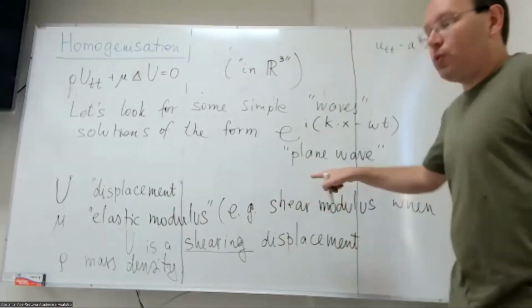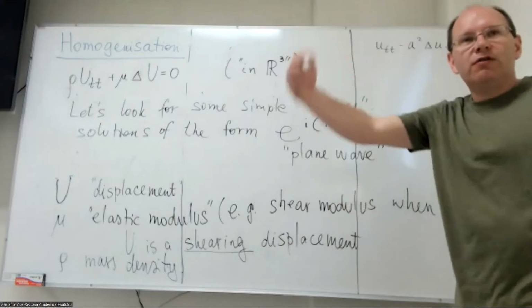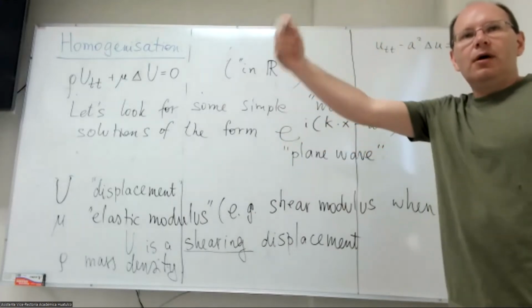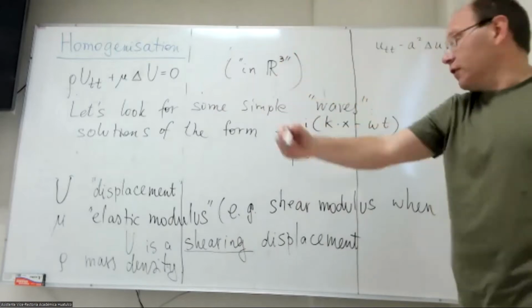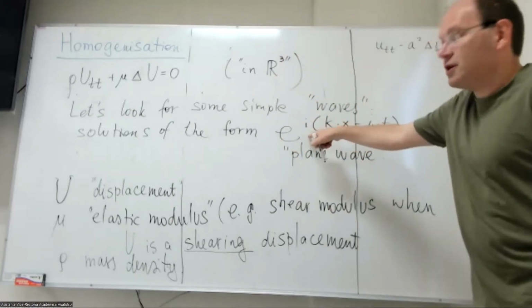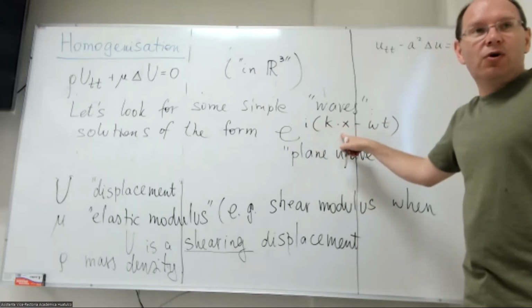What does the word plane stand for? It means that it looks like an oscillating wave train. It's a sinusoid just written in a complex form, so it's a sine and cosine.